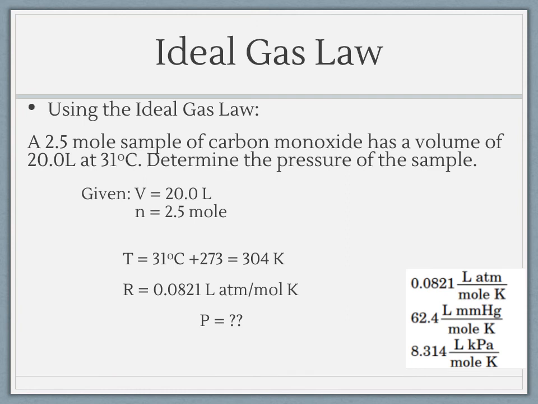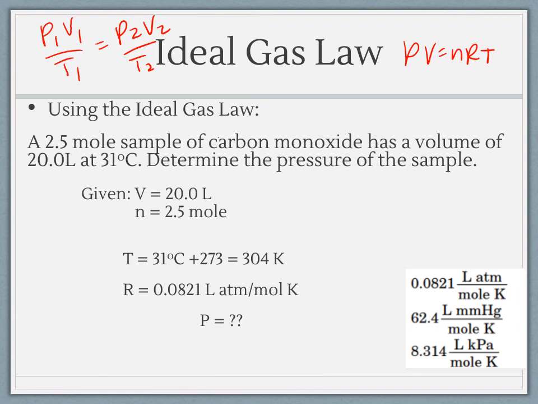So let's look at an example using the ideal gas law. One thing that students get a little confused about at first is, when do I use the ideal gas law, PV equals nRT, compared to our other gas laws, which was P1 V1 over T1 equals P2 V2 over T2, where one of those variables might be ignored? How do you know which one to use?